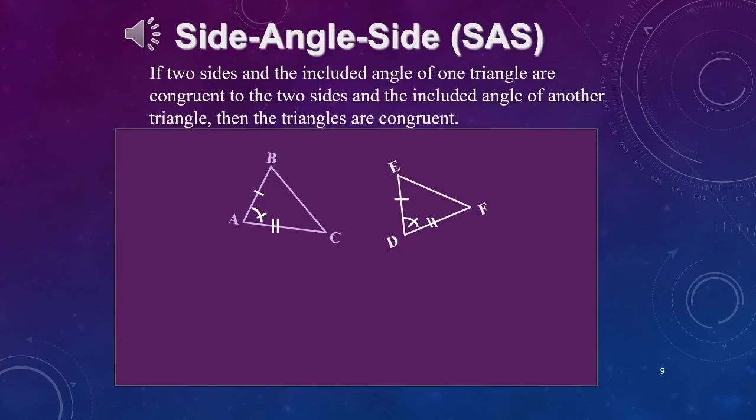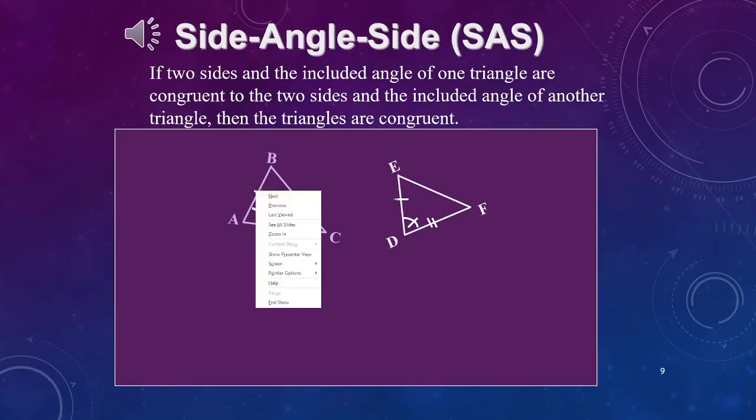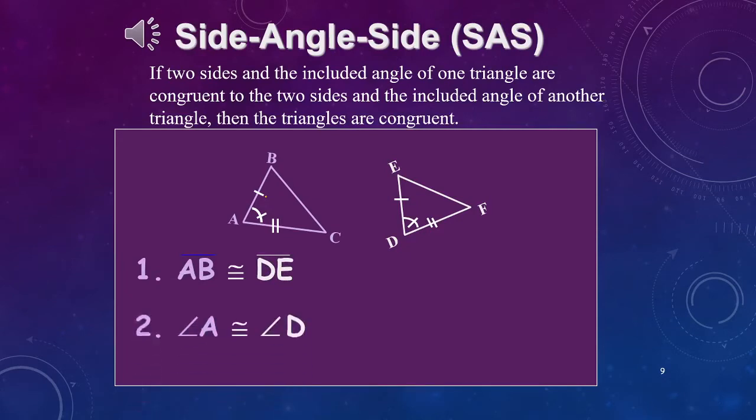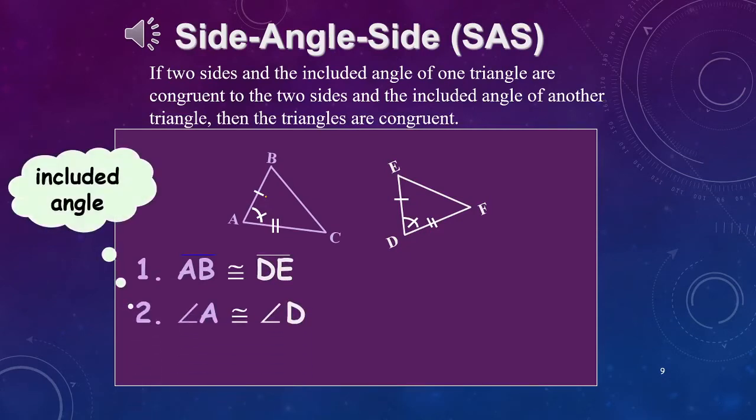Let's have more on this. Take note, you have here AB congruent to this one, so I'm going to write it that way: AB is congruent to DE. Next, angle A is congruent. This angle is congruent to this angle, and take note, that is an included angle.